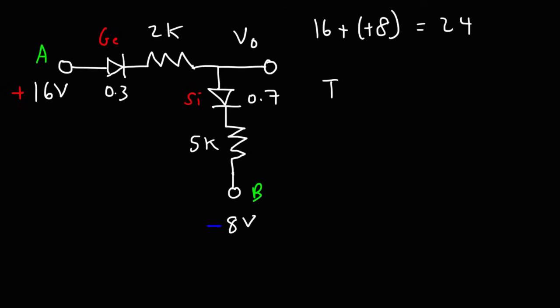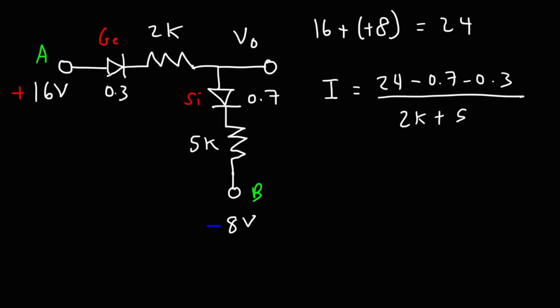To calculate the current, it's going to be the total voltage across these two resistors divided by the sum of those resistors, since they're in series. The voltage across those two resistors is going to be 24 minus the voltage drop of the two diodes, and the total resistance is 7K.